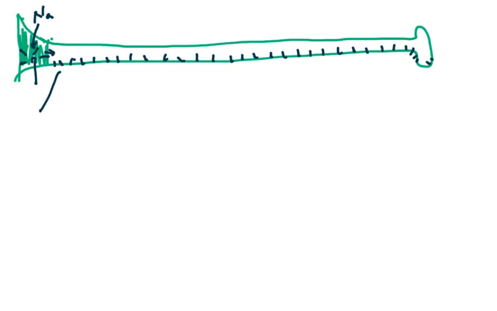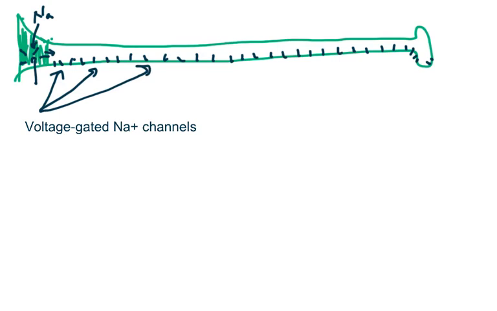All right, these are voltage-gated sodium channels. And as the sodium diffuses down the axon, it opens the next set of voltage-gated sodium channels.